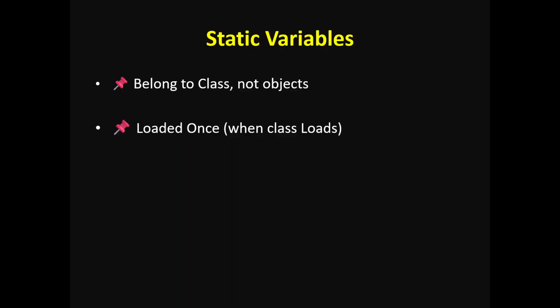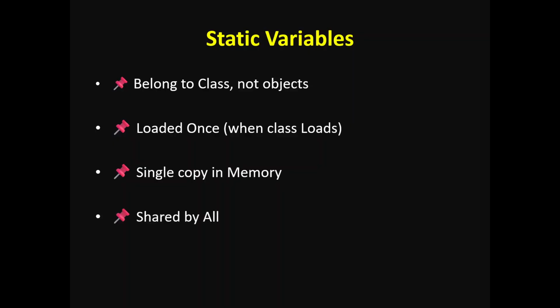So what is that sequence, and when will the static variables get loaded? When the class loads, at that time the static initializer block, static variables, all these things which are static will get loaded. Now it has a single copy in memory because static variables do not belong to any object. That's why it has only a single copy in memory.